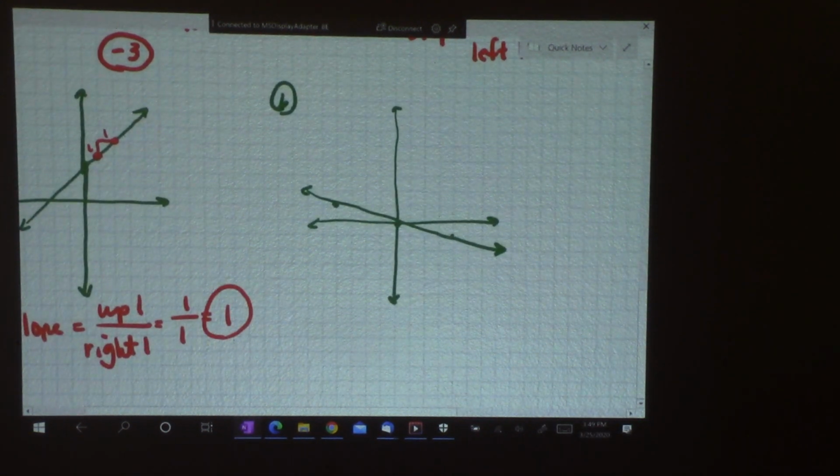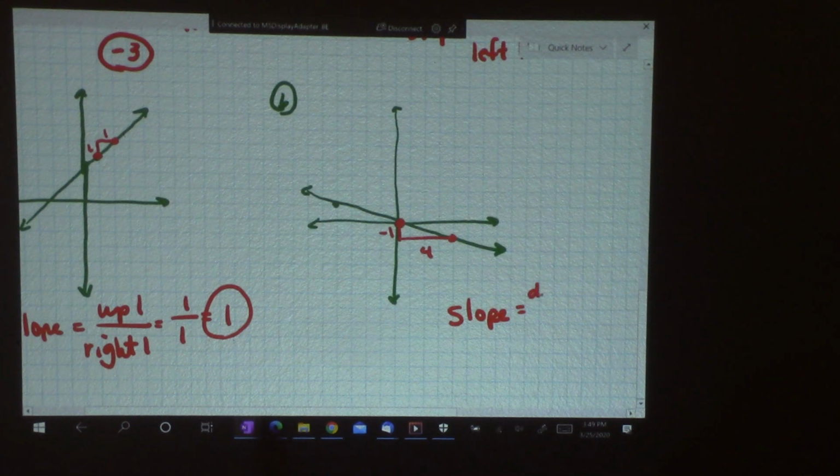Okay, number 6. I'm going to choose these 2 points. So now I'm going to draw, I'm going to go down 1, right 4. Do you see that? To get from this point to this point, I have to go down 1. So my slope is going to be negative 1 here and positive 4.